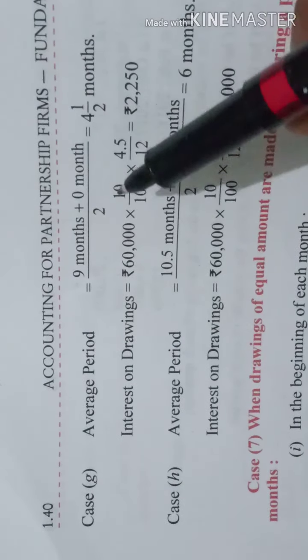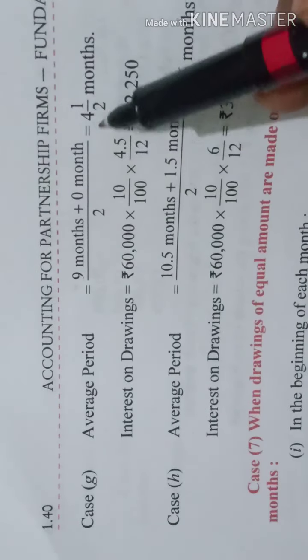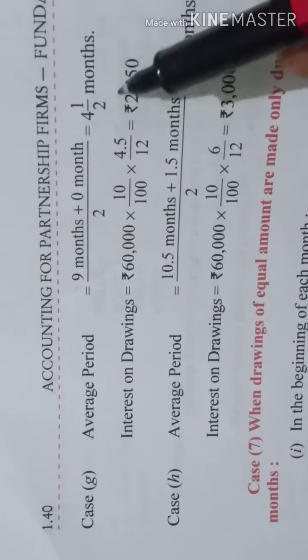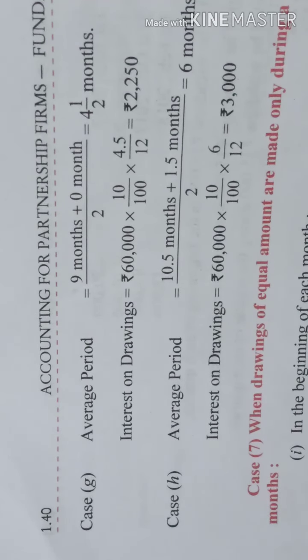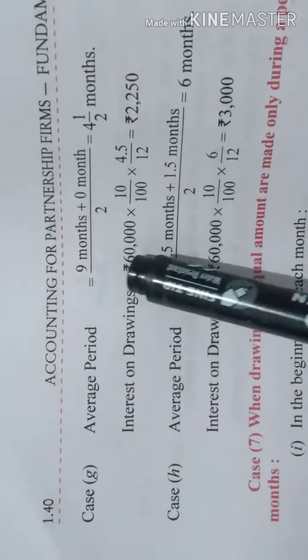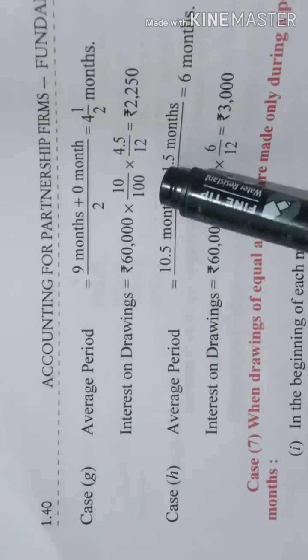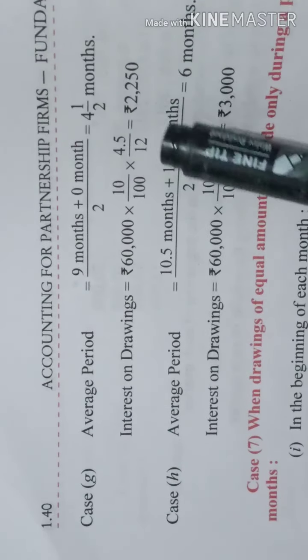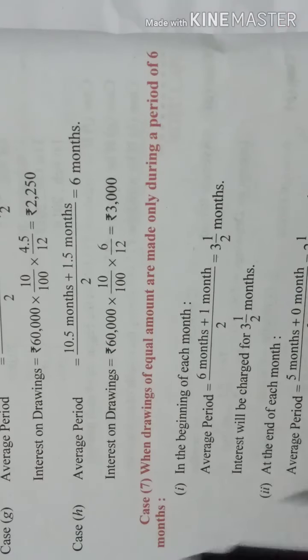Nothing left, that is 0 months, divided by 2. So when we calculate it, this will give me 4.5. This is my average time period. Now interest on drawings, again I will take total drawings into 10 by 100 into average time period upon 12. Am I clear? The next case.